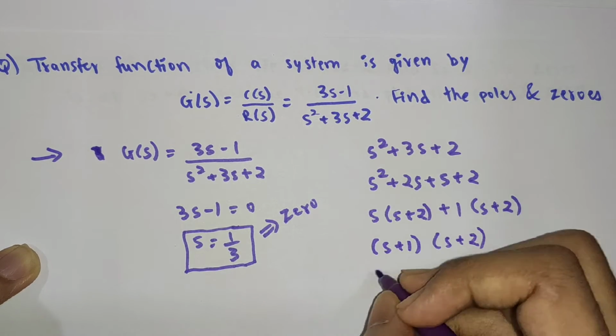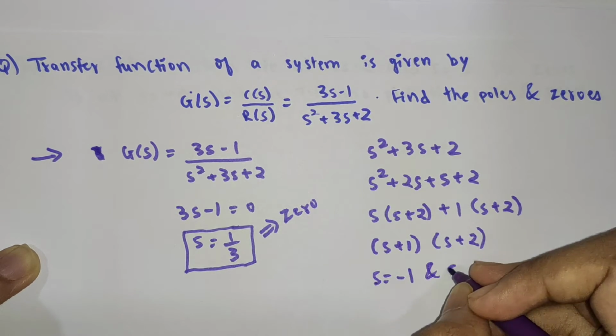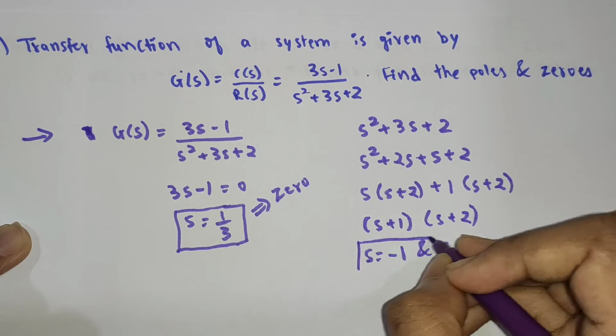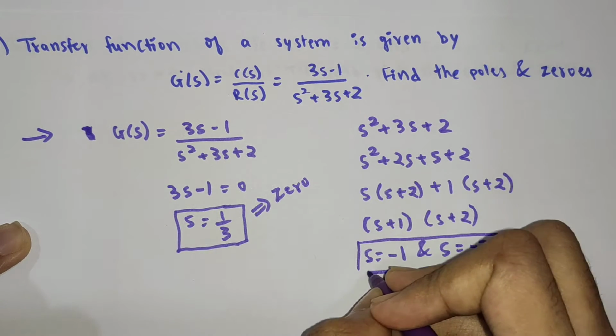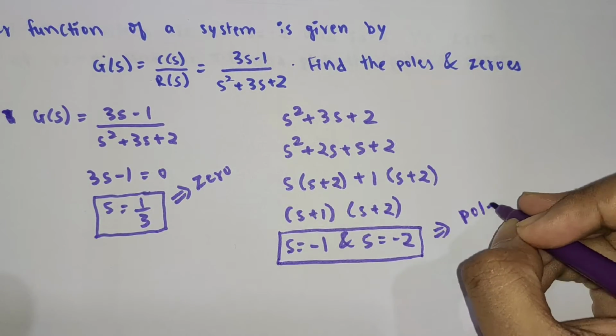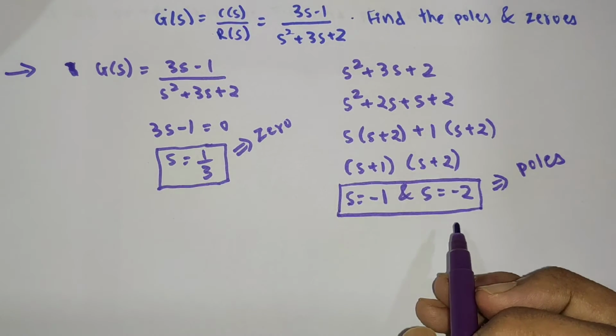Therefore, s will be equal to -1 and s will be equal to -2. These are the values at which the transfer function becomes infinity, or we call them the poles.